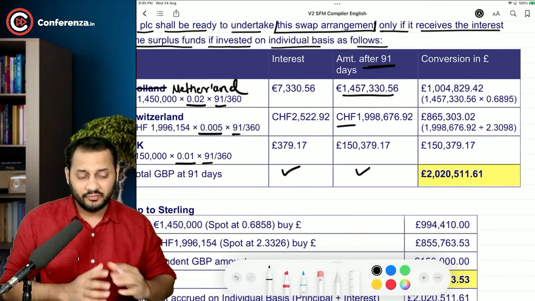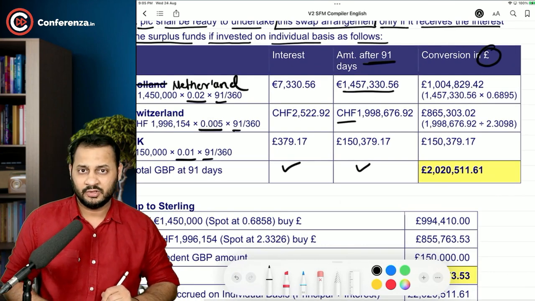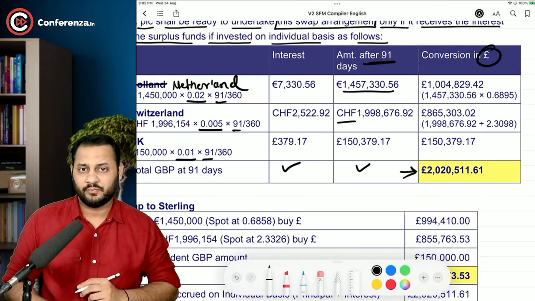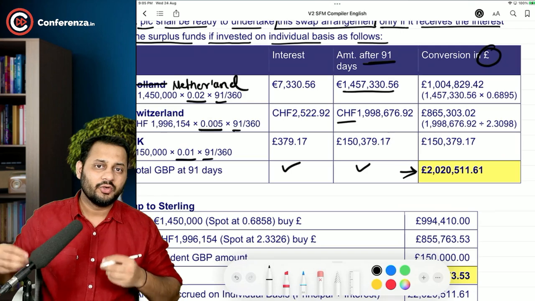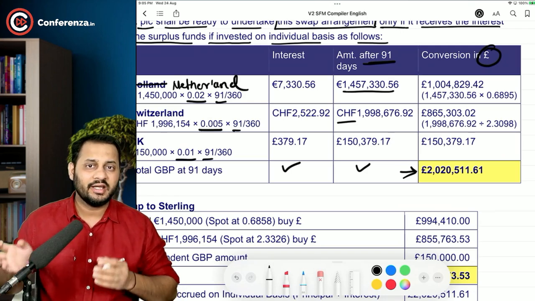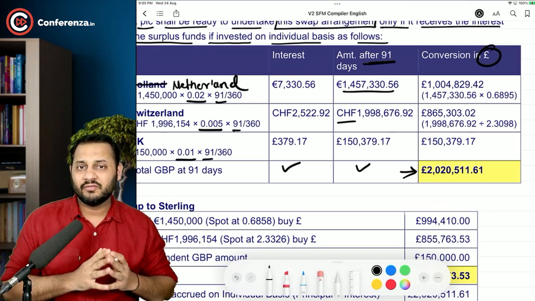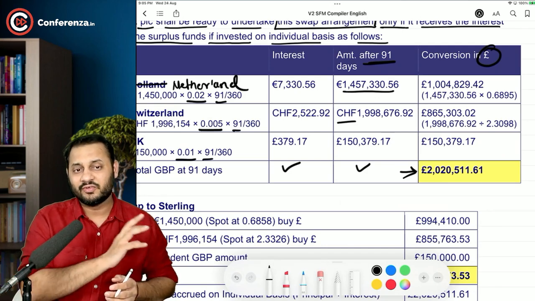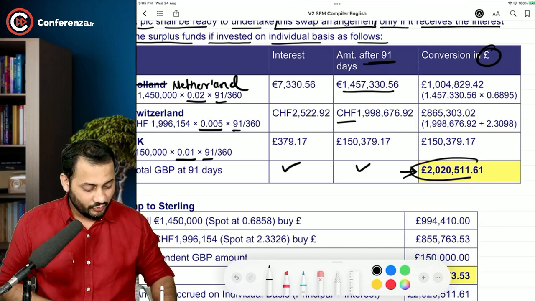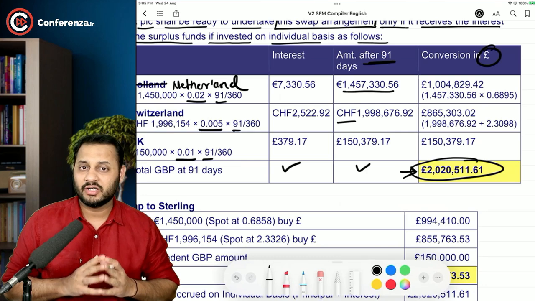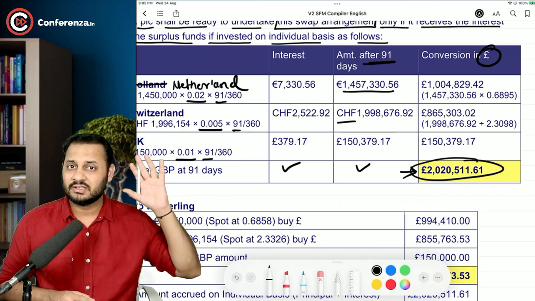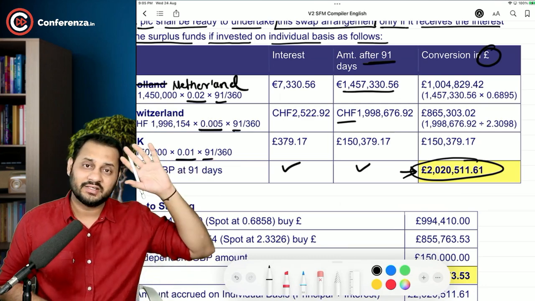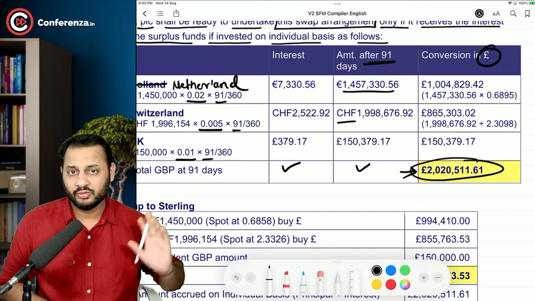Now you have to convert them into pound and see what the total is. So if everyone is allowed to invest in their own country, and then at the end of 91 days all the cash flows are converted into pound, it gives you 20,20,511 pound. Okay, this is one alternative that is available all the time to both the subsidiaries.